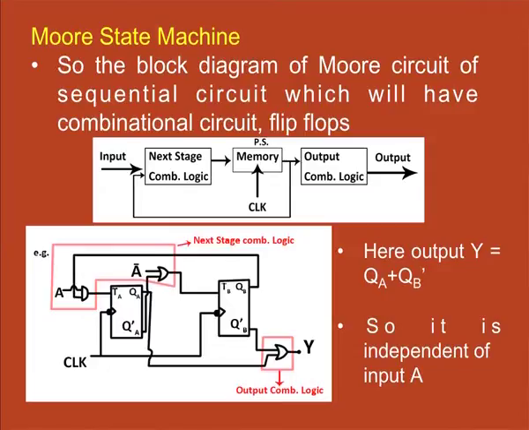If we look at the output, the output expression is y equal to qa plus qb prime, and this tells us that it is independent of the input a.